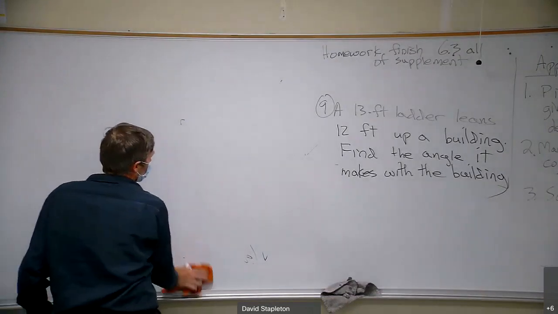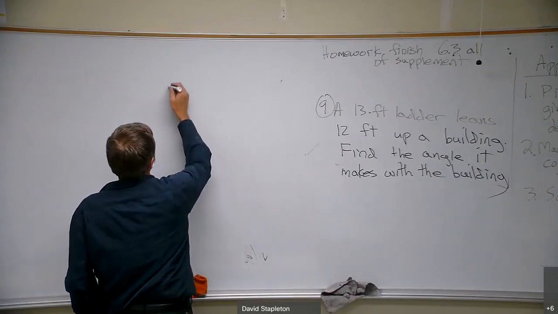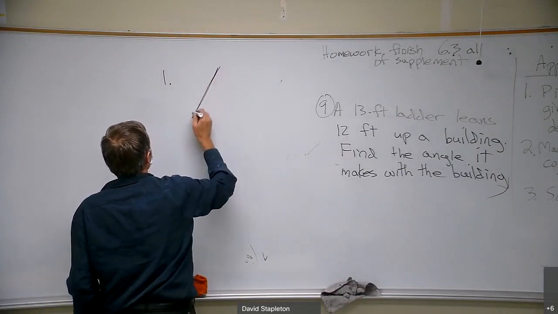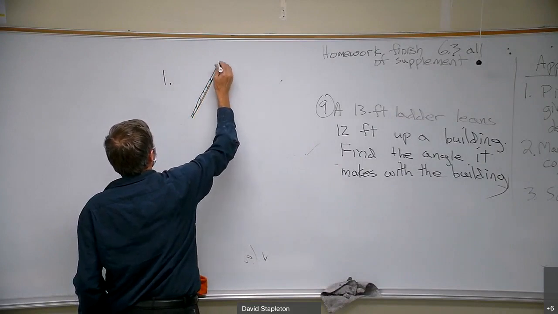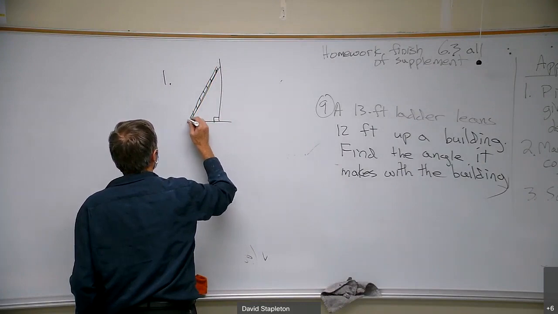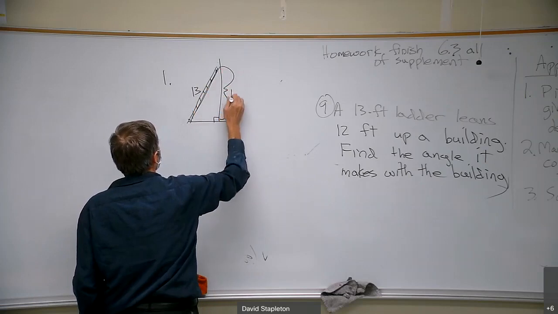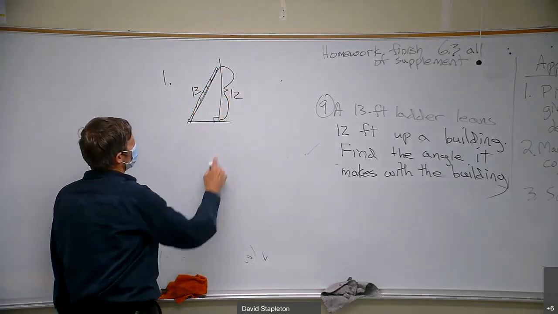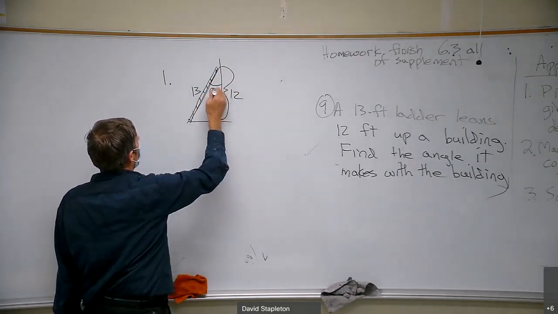So let's try it. Here's the picture. Always assume the ground is horizontal and the building is vertical unless the problem says otherwise. So here's step 1. Draw a 13-foot ladder up the building, which is vertical. That's 13, and it goes 12 feet up the building, so there are the given numbers. Now I can put in all sorts of other numbers, I can put this length, but I may not need it. But I am asked to find the angle at the building, so I'll mark that theta.